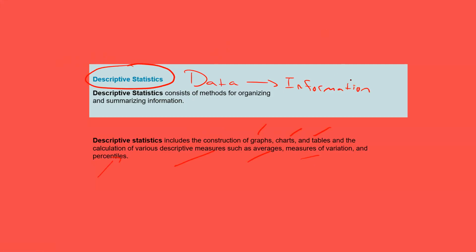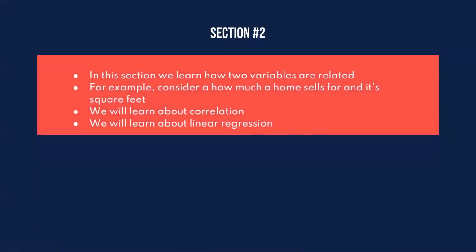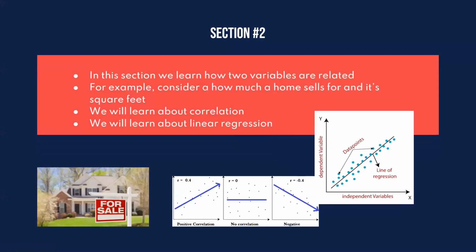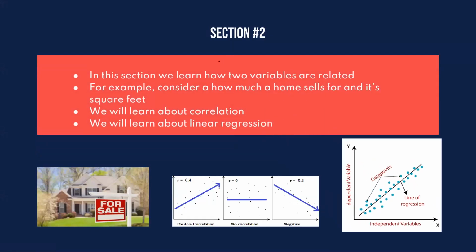Okay, taking raw data and turning it into some type of consumable information. Like I have this crazy data set, well, what's the average of it? What is the distribution? What does the histogram look like? That's what descriptive statistics are about. All right, our second section of the class is where we talk about the relationship or how two variables are related.